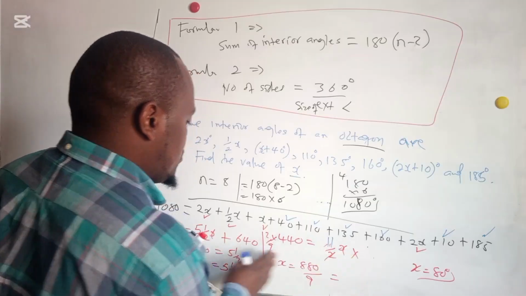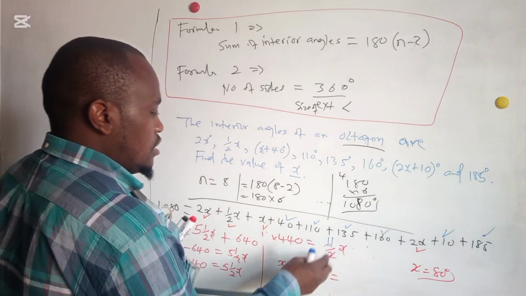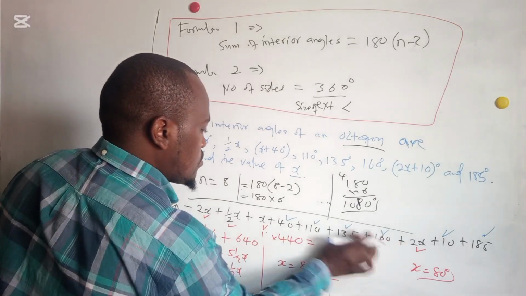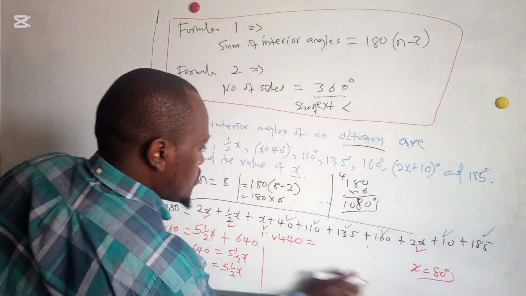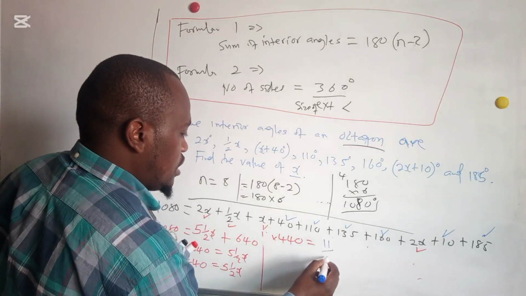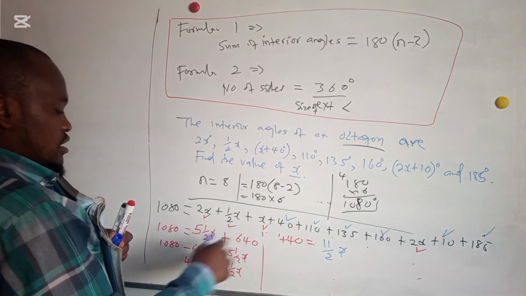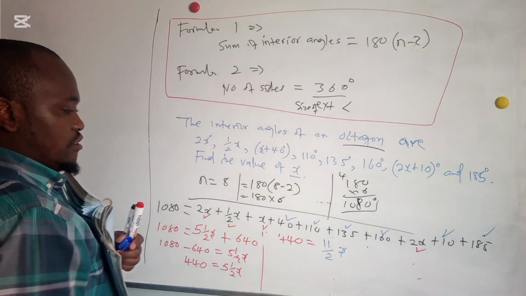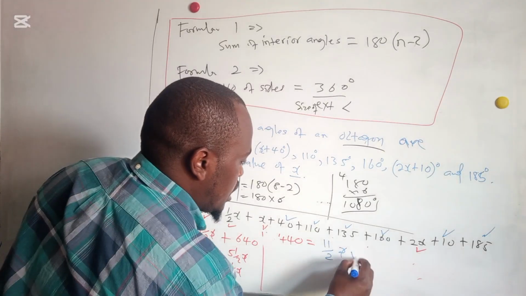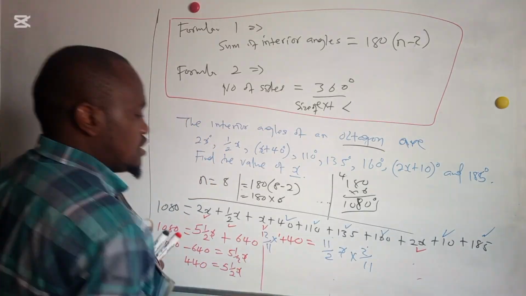So let us come to this point. You have 440 is equal to 11 over 2x. So multiply by 2 over 11 on both sides.